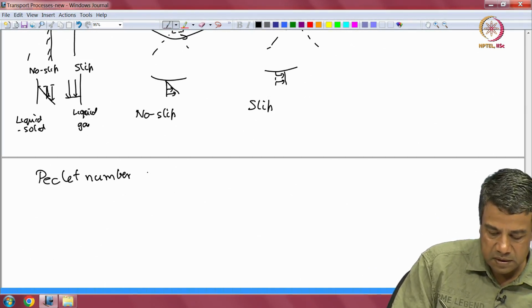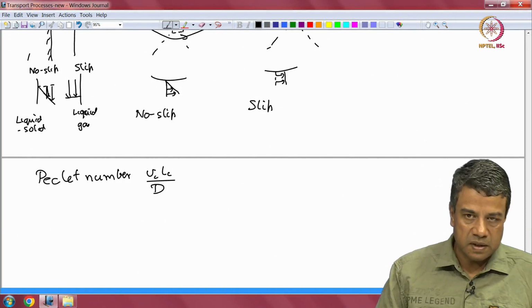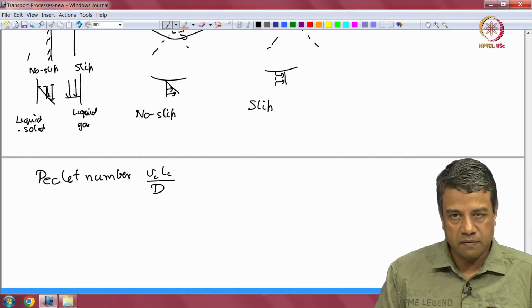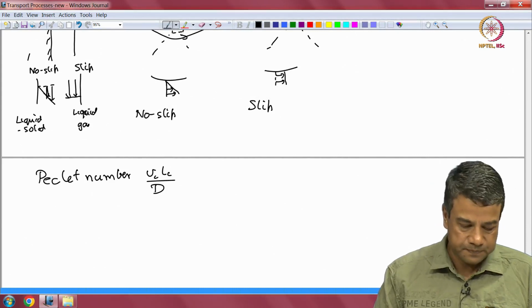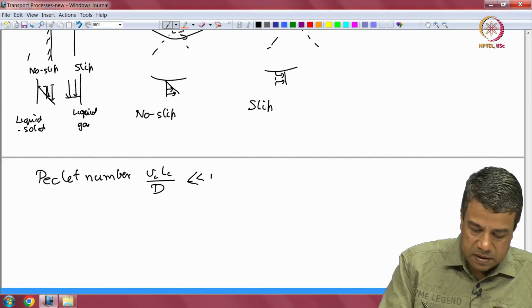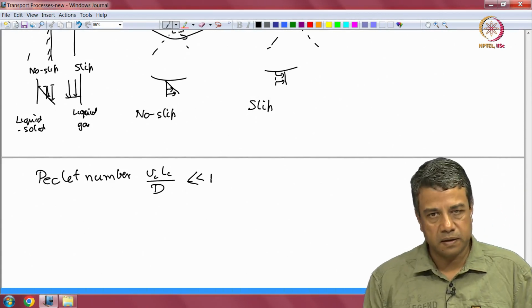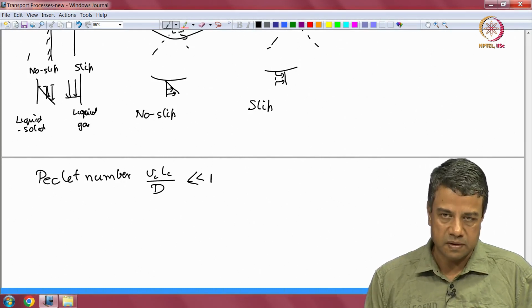Okay, which is characteristic velocity times characteristic length divided by the diffusivity. Mass diffusivity for mass transfer, thermal diffusivity for heat transfer, momentum diffusivity for momentum transfer. If this is much smaller than 1, then convective effects are small compared to diffusive effects.